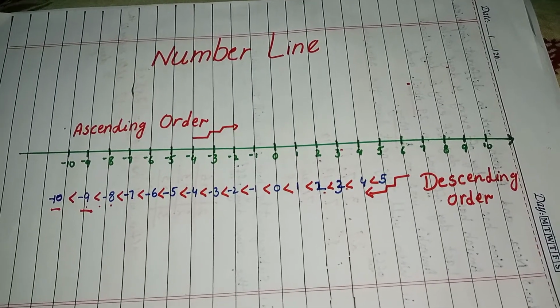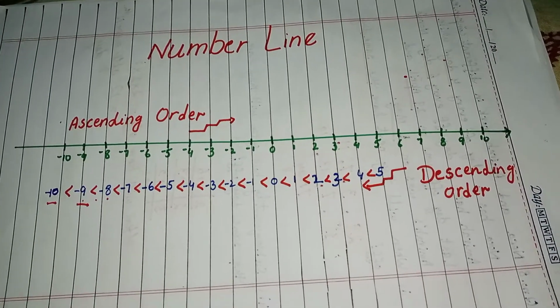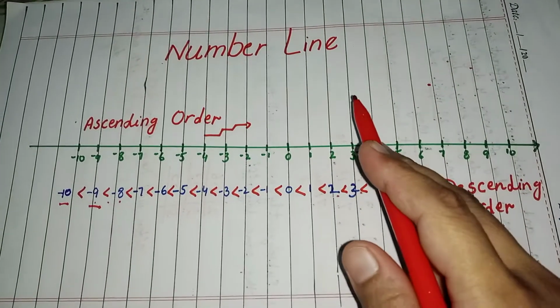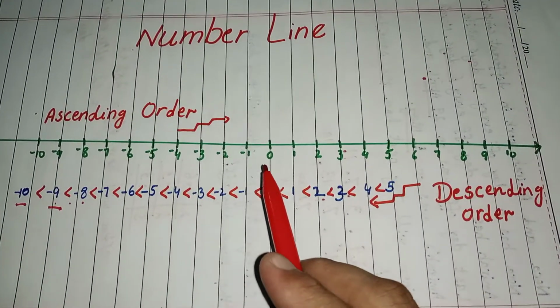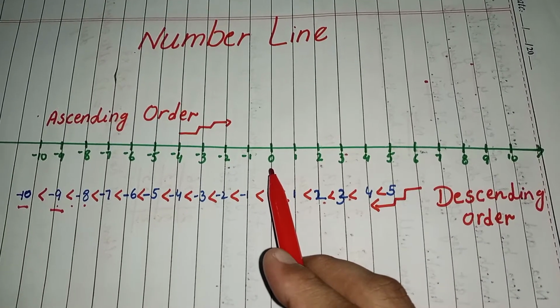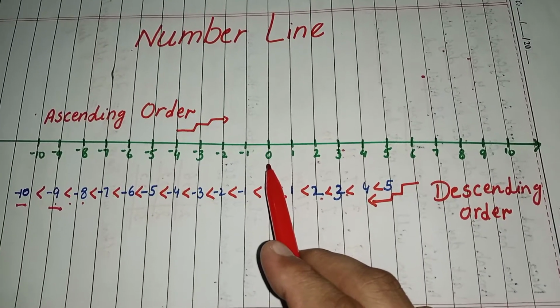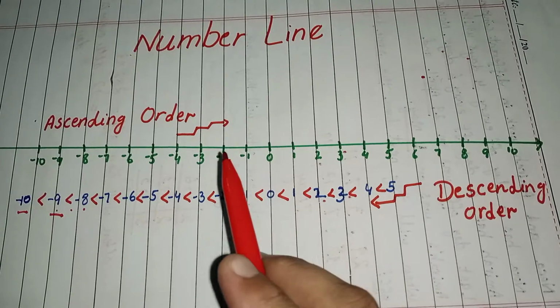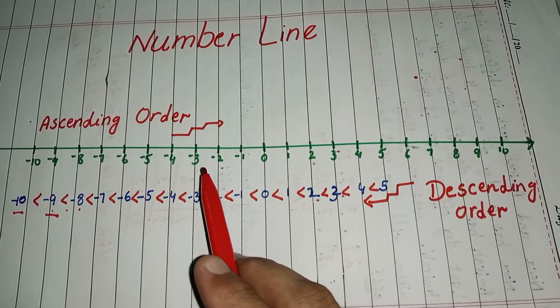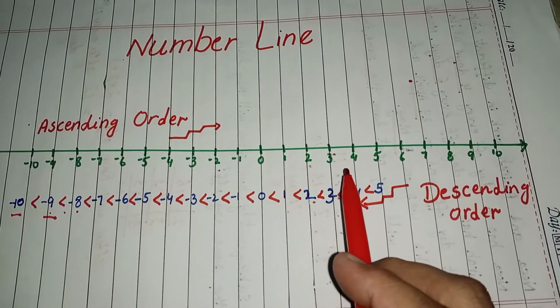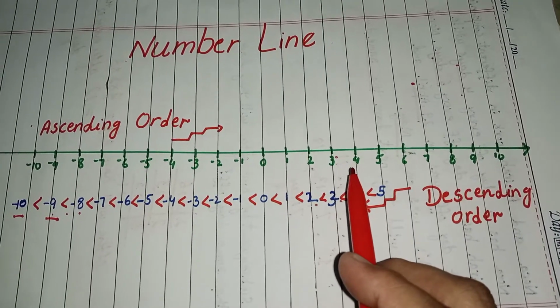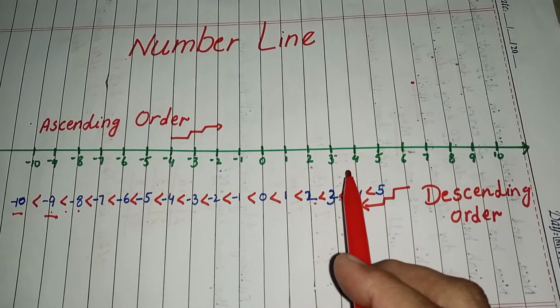Before starting today's lecture, I am going to tell you something about number line. Dear student, you can see 0 is a neutral number which has no sign, and on our left hand side we have negative numbers, and on our right hand side we have positive numbers.